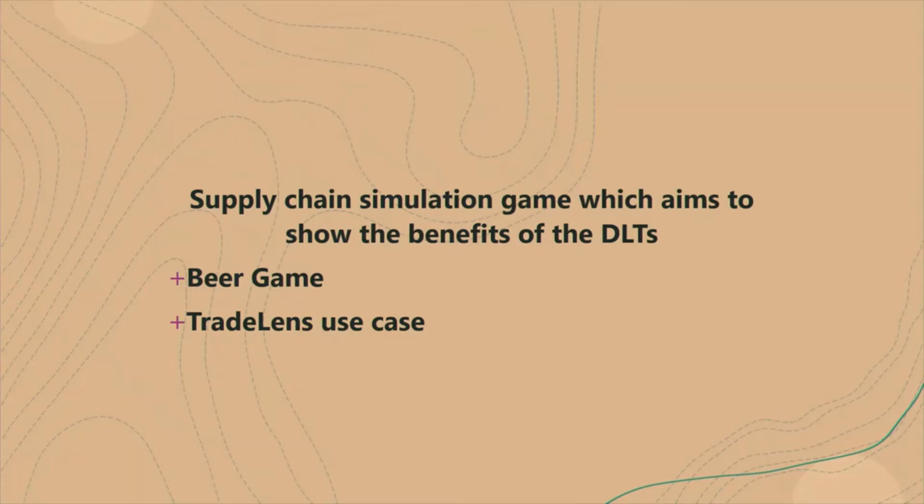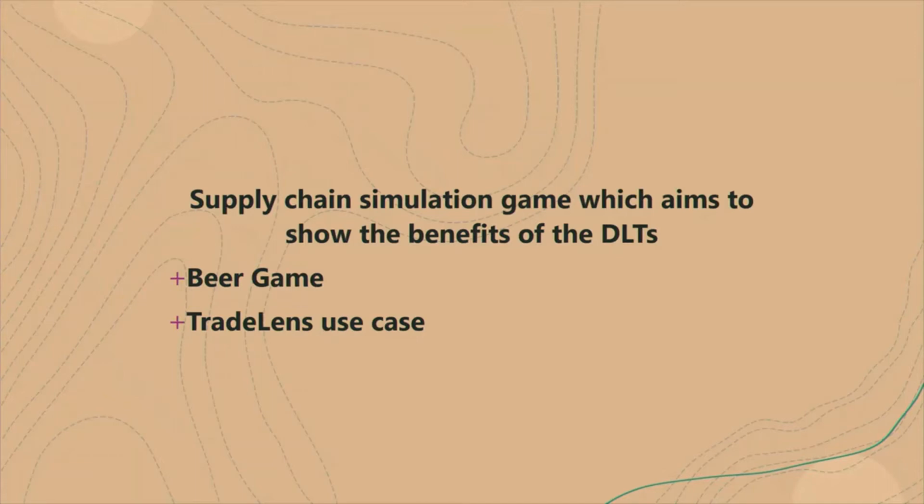We tried to do a supply chain simulation game which aims to show the benefits of distributed ledger techniques. The game is based on the beer game, which is a distribution game. It basically tries to model a supply chain with 4 actors, and a beer supply chain for sure.